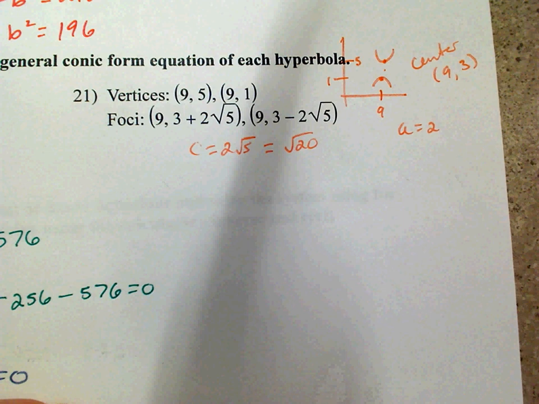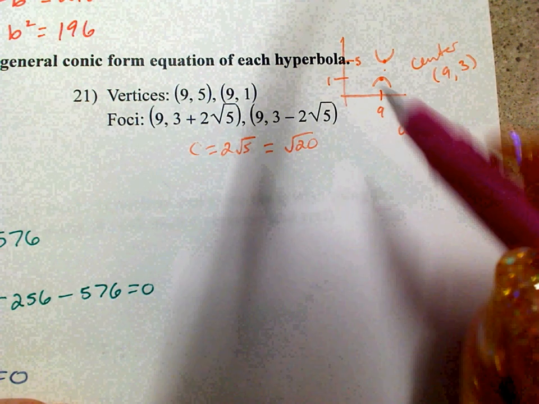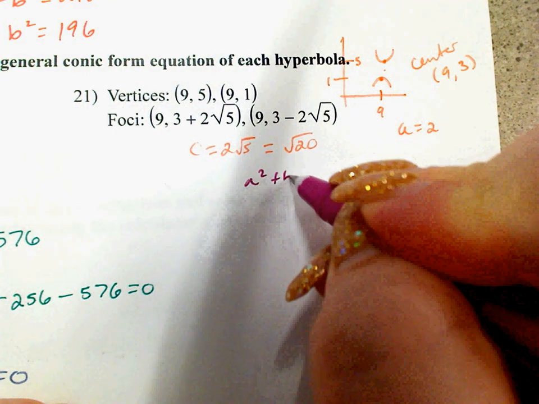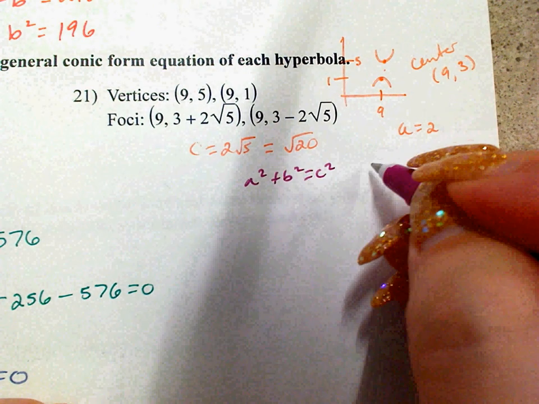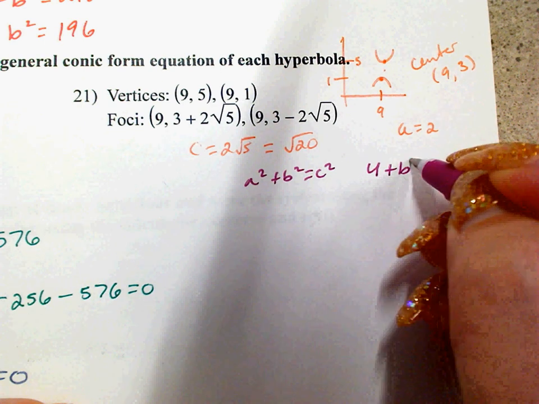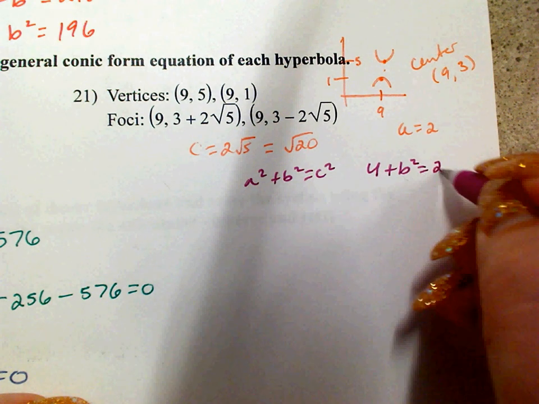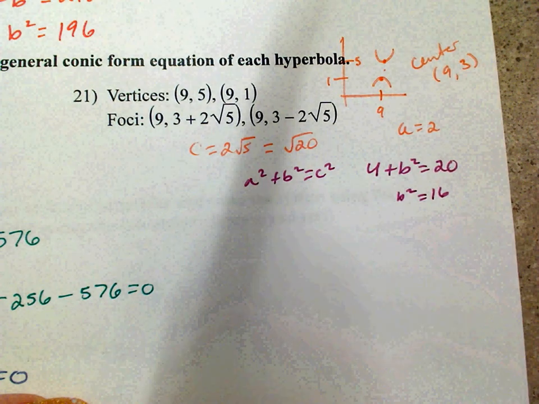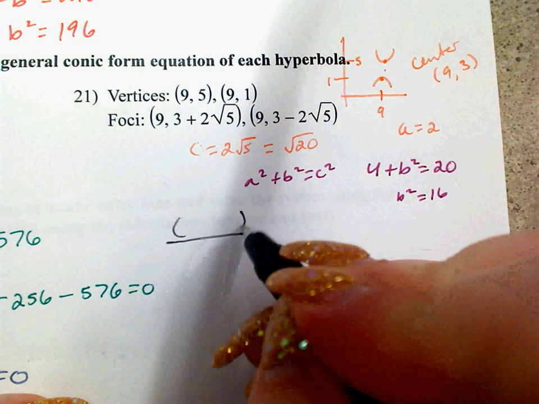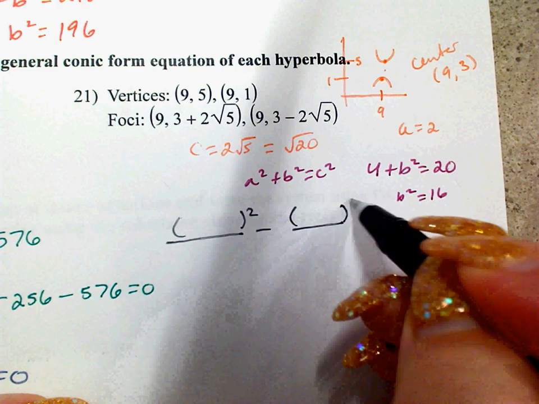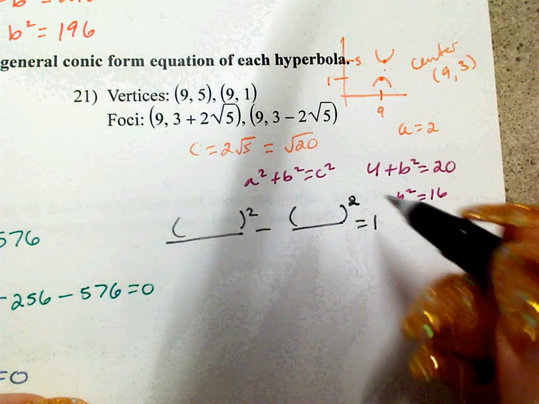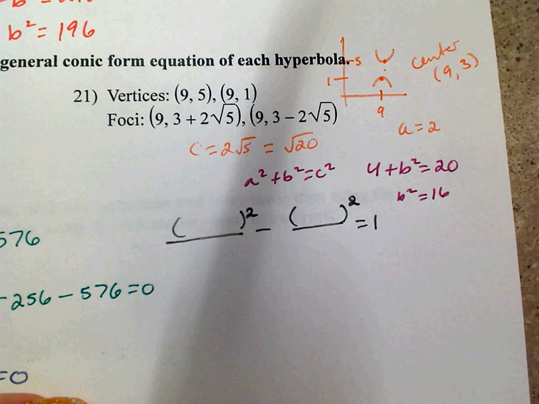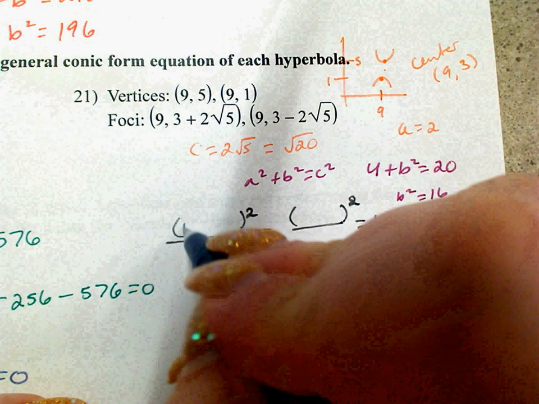Okay. So we've got a squared plus b squared equals c squared with a hyperbola. So 4 plus b squared equals c squared, which is 20. So that means b squared equals 16. Because it was vertically aligned, I know that y is going to come first, and then x.